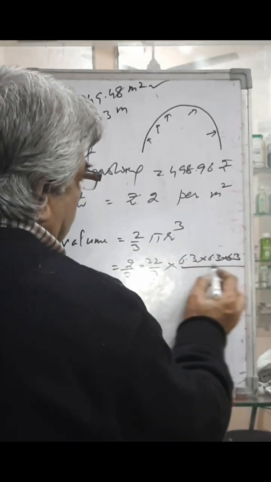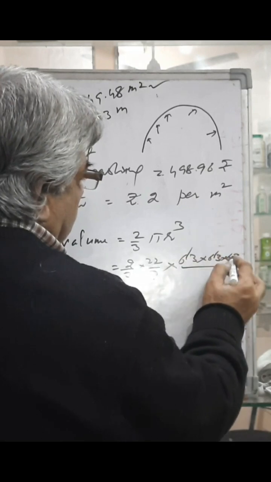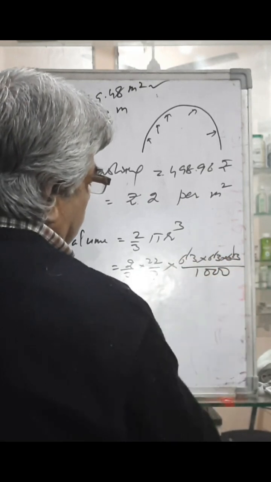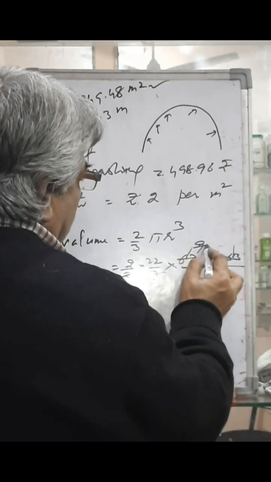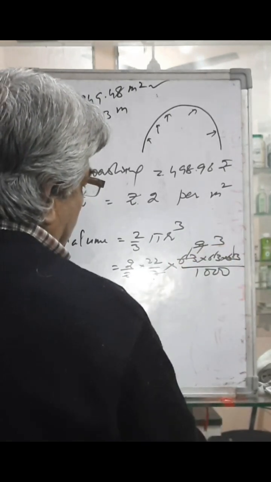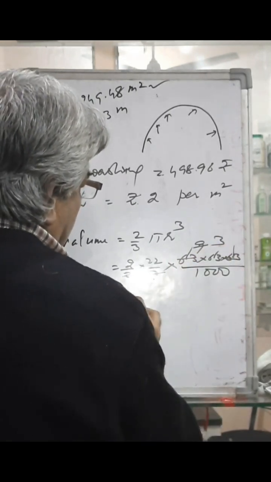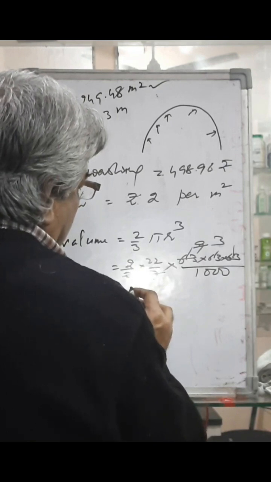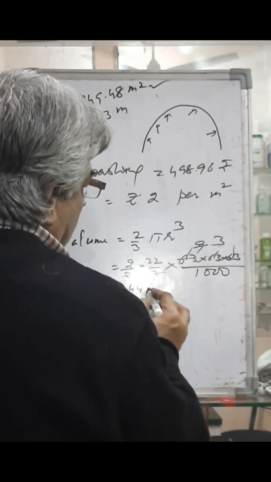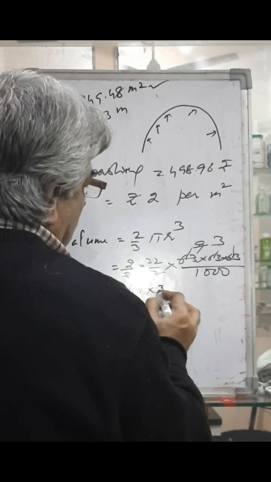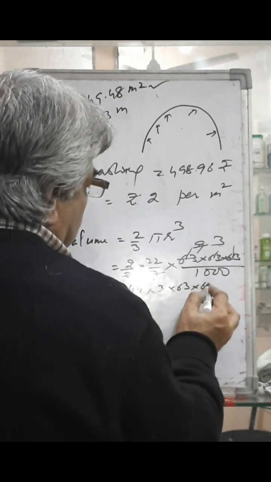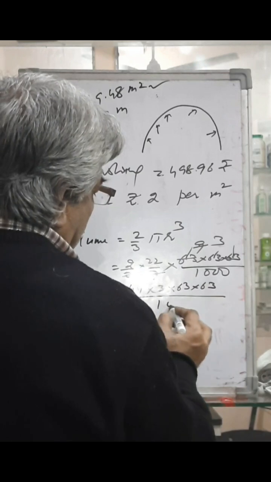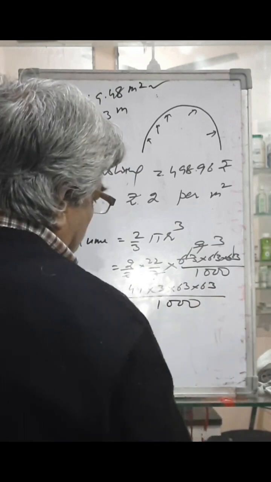Converting into fraction, 1 divided by 1000. 7 9s are 63, 3 3s are 9. So 2 into 22 into 63 into 63 into 63 by 1000.